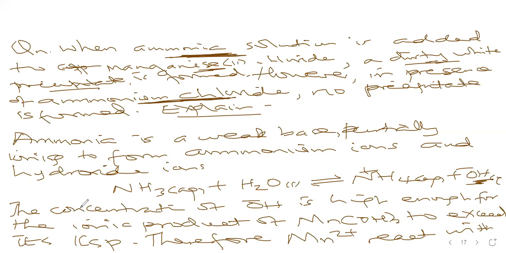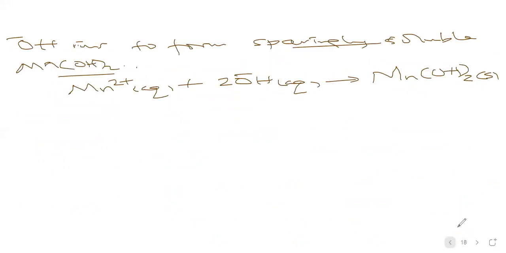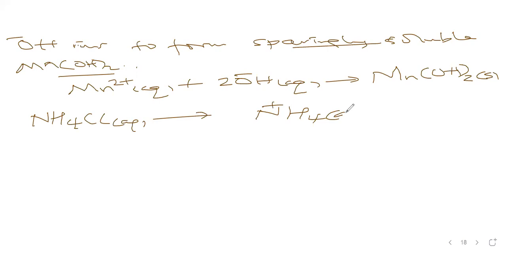There is common ion effect there, which is as a result of ionization of the strong electrolyte ammonium chloride. So here, what do you have? You have ammonium chloride, a strong electrolyte, and very soluble, ionizing to give us ammonium ions and chloride ions.